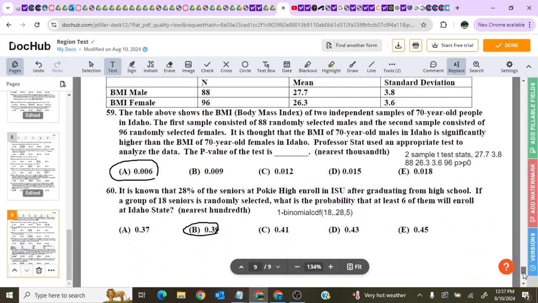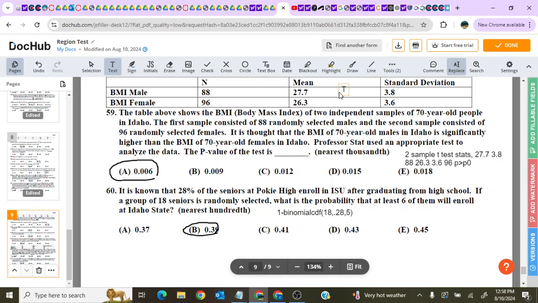Okay, we're almost done. You're given a bunch of data. They give you numbers of people. They give you mean, standard deviation. This is basically screaming a 2-sample t-test. So that's what we're going to do. Go to your stat, test, 2-sample t-test. You have a bunch of stuff for your stats.